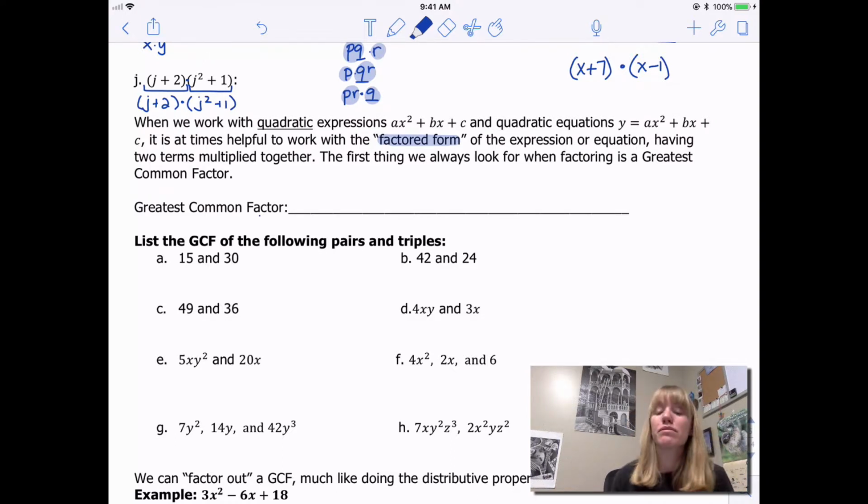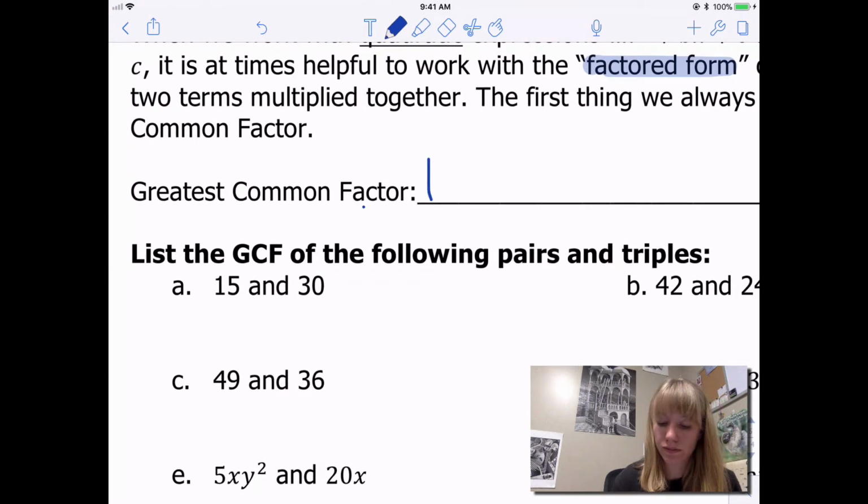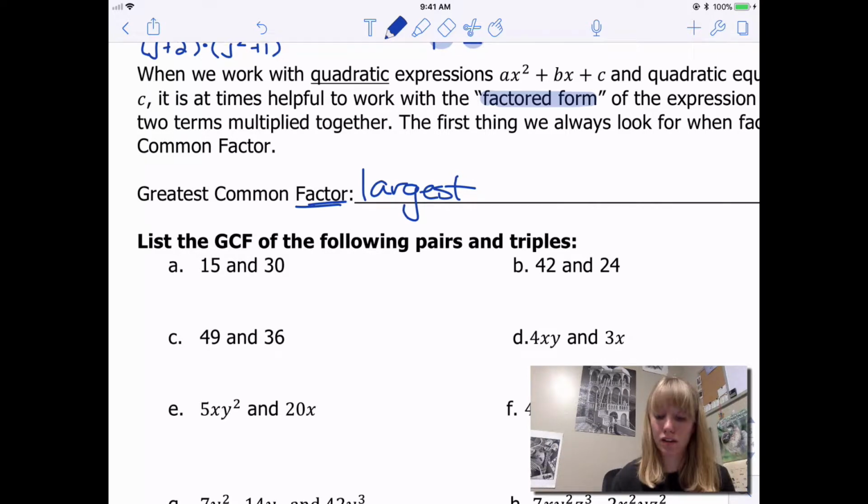And the greatest common factor is exactly what it sounds like. Greatest is like largest. Factor, we said, is something that's multiplied. I'm going to call it a factor, and we'll say see above.